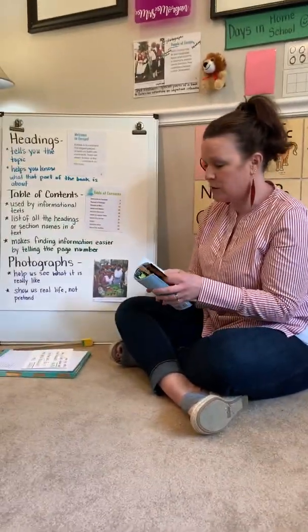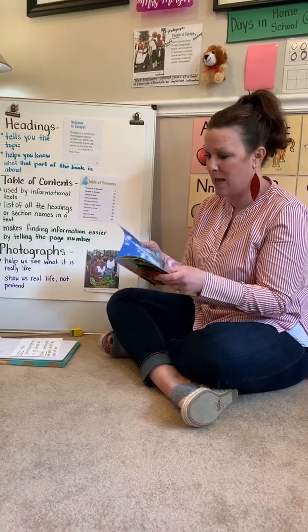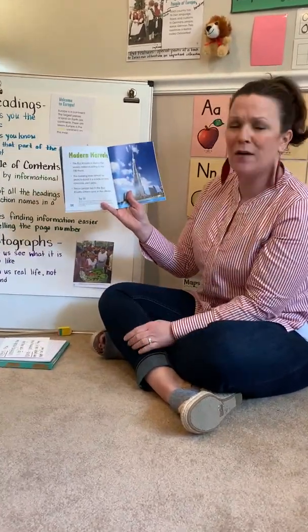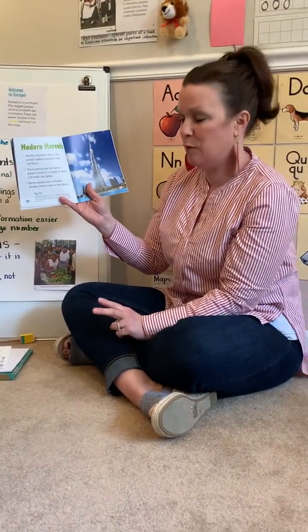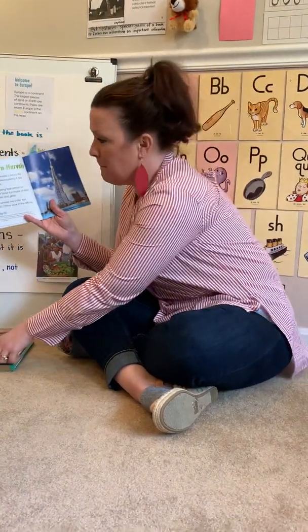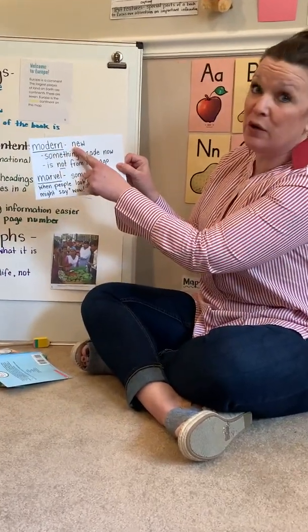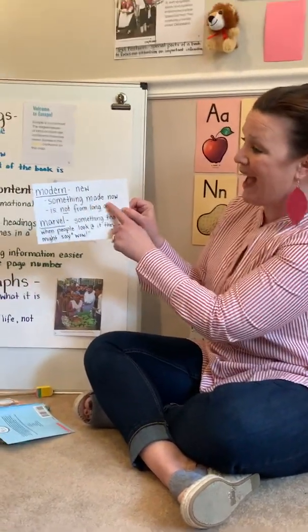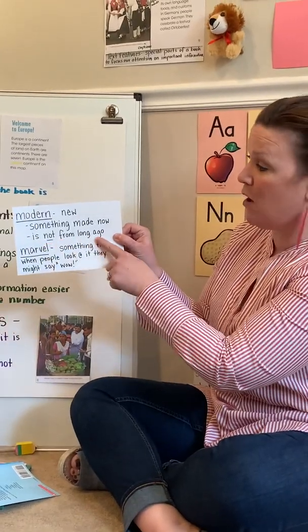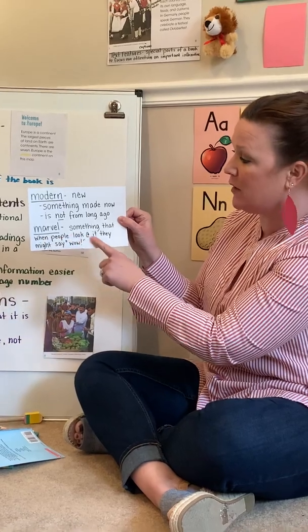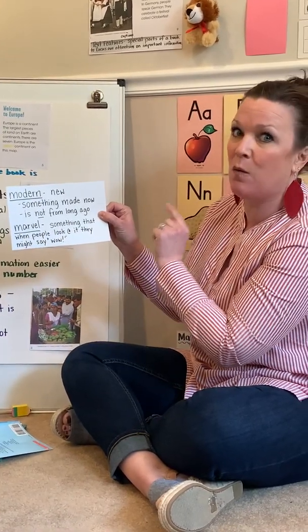We're going to go to the back page where we see the heading, Modern Marvel. And I don't think we really talked about those two words before. What does modern mean? Modern means new, something made now, and it's not from long ago. And marvel is something that when people look at it, they might say, wow.